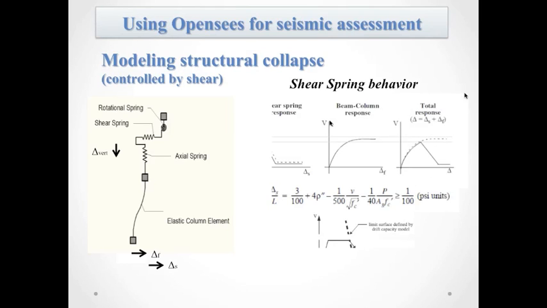To model shear failure, there is the limit state uniaxial material, which was developed by Elwood and Moehle. To model the shear failure, two springs, a shear and an axial spring, were introduced in the column members at the top of the members.